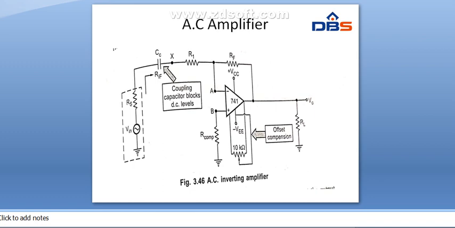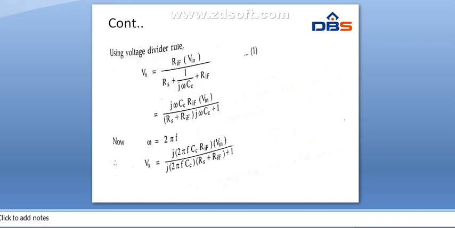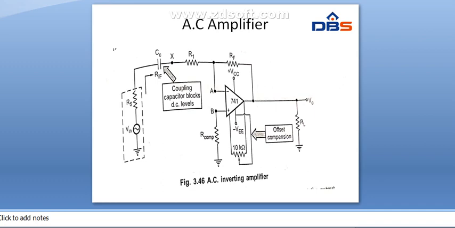Here the coupling capacitor Cc blocks the DC level. Using the voltage divider rule, Vx equals RIF into Vin by Rs plus 1 by j omega Cc plus RIF.